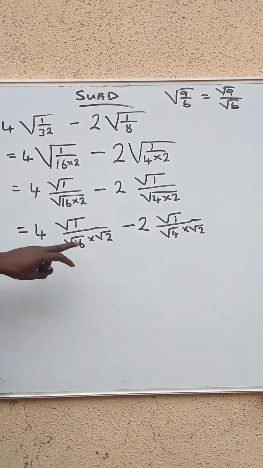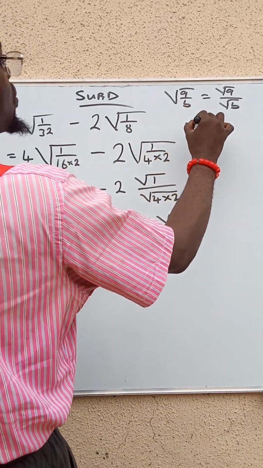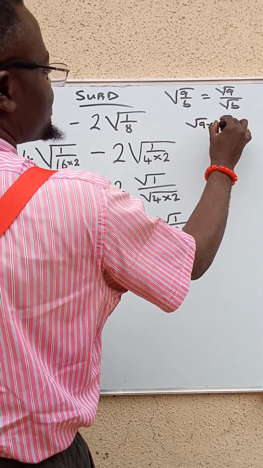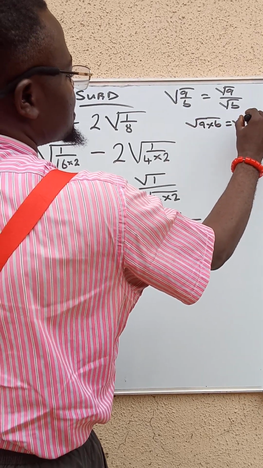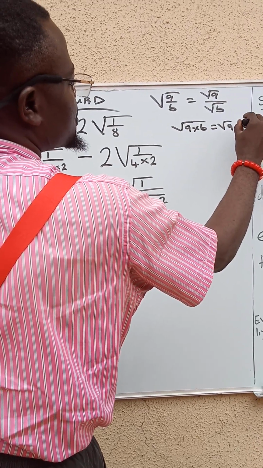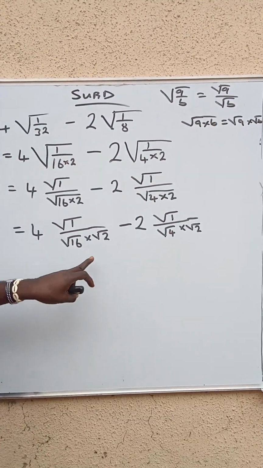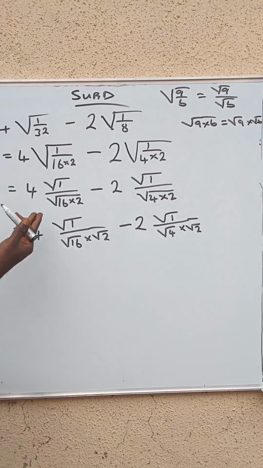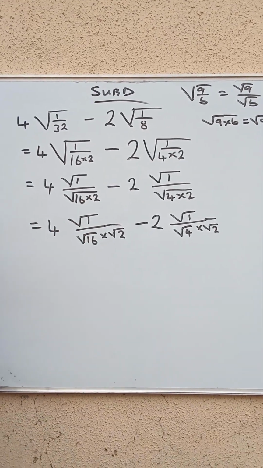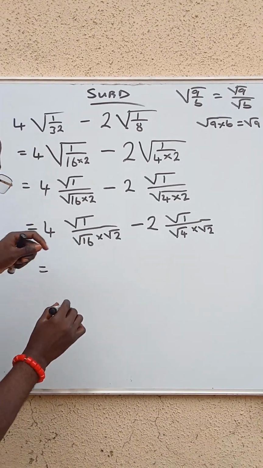Yes, because we said if you have something like this, root of A multiplied by B is the same thing as root A multiplied by root B. So that is what I did. I separated them again with their roots.